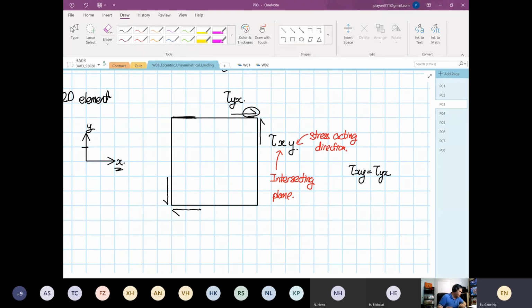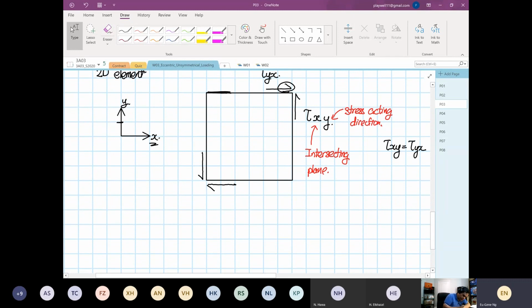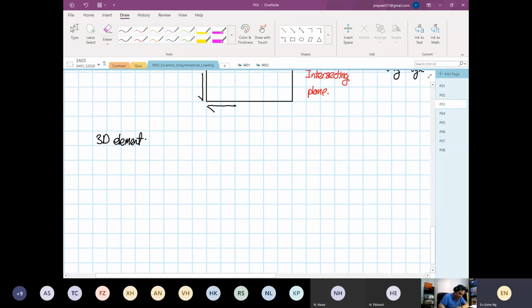Now, if we were to view this on a 3D element, we're going to look at this in a 3D element. Before I go into 3D, any questions so far? Nope, we are good. Okay, so we go into 3D.